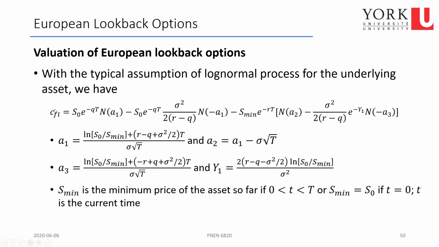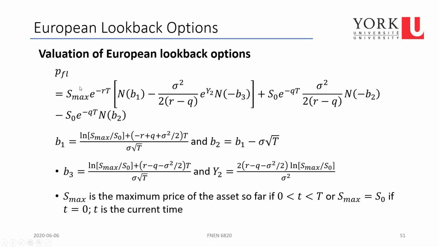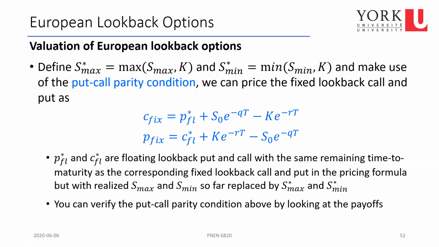So a floating look-back call will have this particular form, and a floating look-back put will have this particular form here. Once you know the price of a floating European look-back option, you can then calculate the price of the fixed European look-back option through the put-call parity condition here.